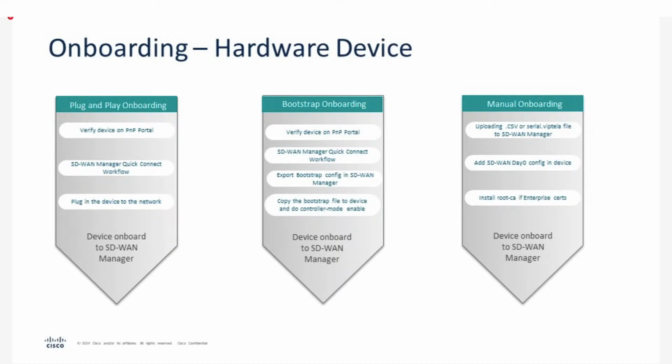Once that is done, all we have to do is, out of the box, connect that router to a DHCP enabled internet connection, and the helper address on the device will be automatically configured, and it will reach out to Cisco's PNP validator.